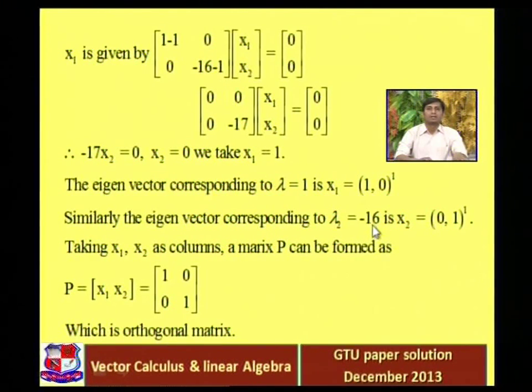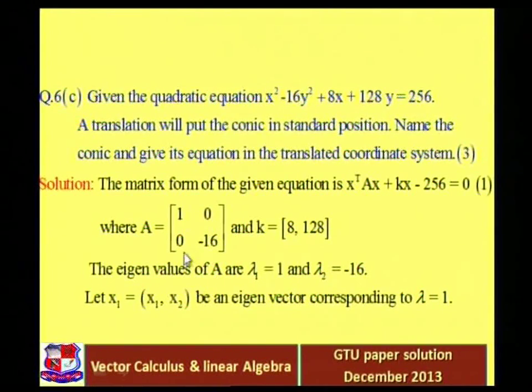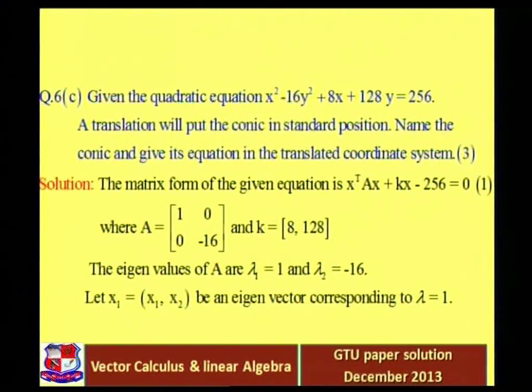How do we find it? Let's see. This is the matrix [1 minus lambda, 0; 0, minus 16 minus lambda]. If we put lambda equal to minus 16, we get [1 0; 0 -16]. Try to understand from that one. This is our matrix.